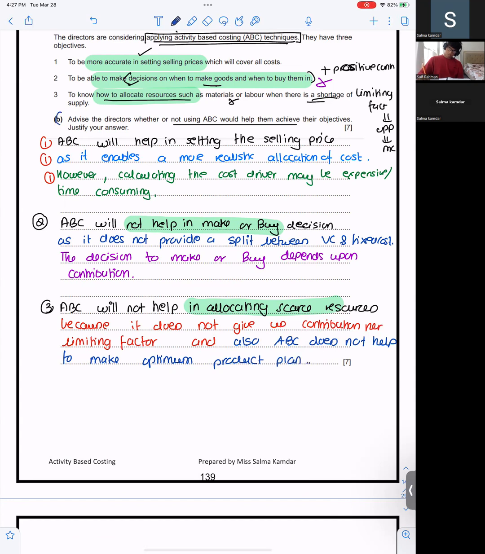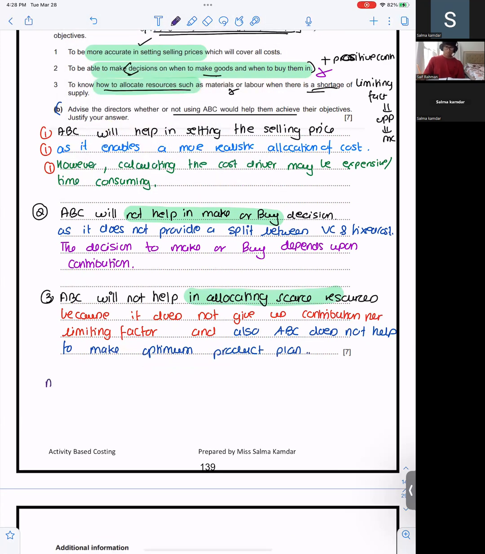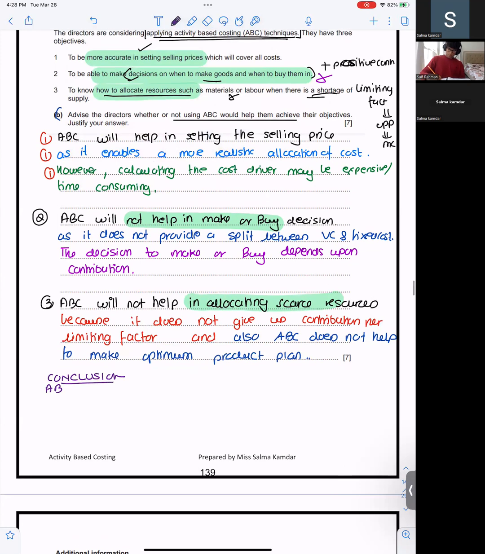So advise the directors whether ABC would help them to achieve their objectives. ABC costing will only help to achieve the objective of setting a more accurate selling price.